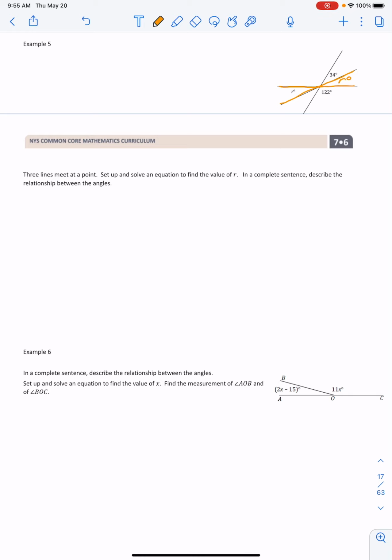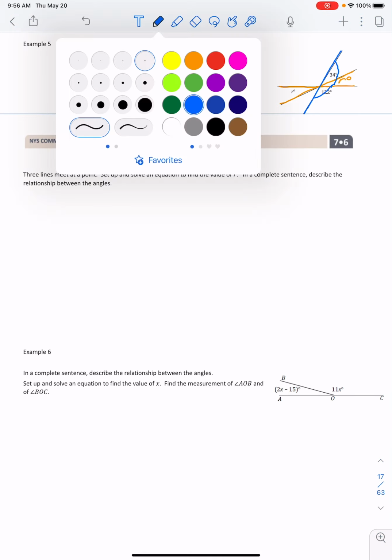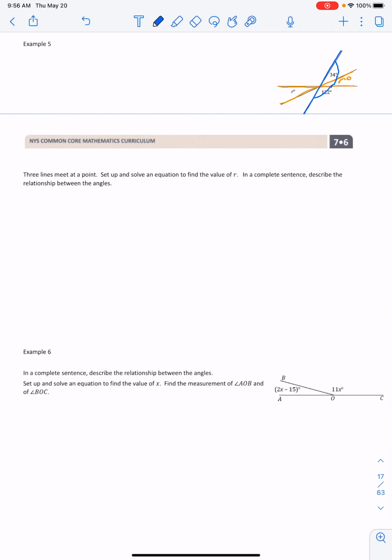So now, because of that, this right here forms a straight line for this, this, and this. So we're going to leave that. So now we can say, it says set up and solve an equation to find the value of R in a complete sentence. Describe it.